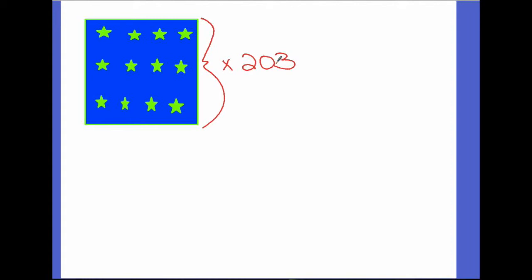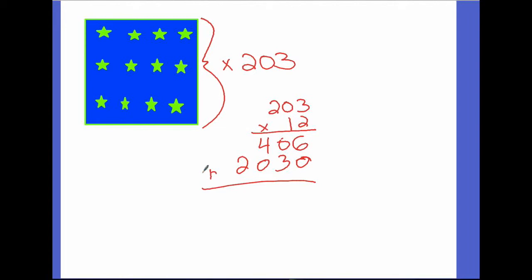So you take 12 times 203. That's how many total stickers he has, 2,436, but then he decides to be kind and give how many away?